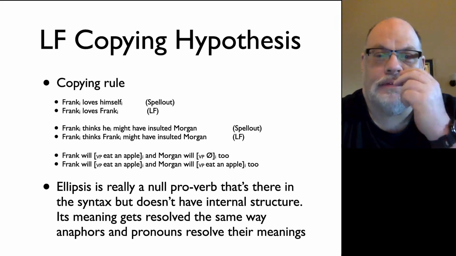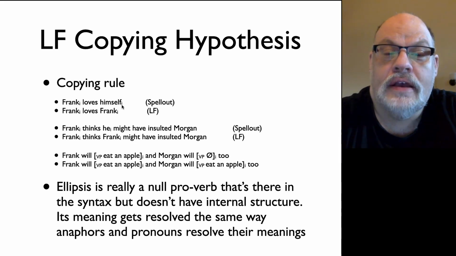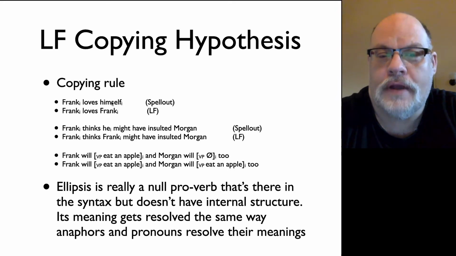So let us first compare the two hypotheses. One idea about how anaphors and pronouns get their meaning at the level of LF, the level of semantic interaction, is that the co-indexing effectively makes a copy. So the sentence Frank loves himself means Frank loves Frank.